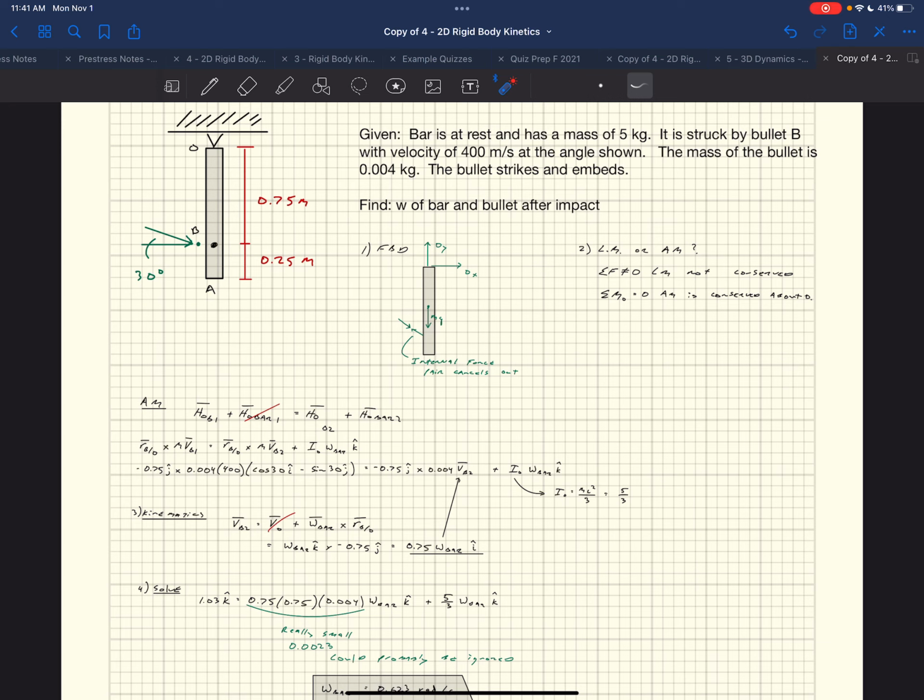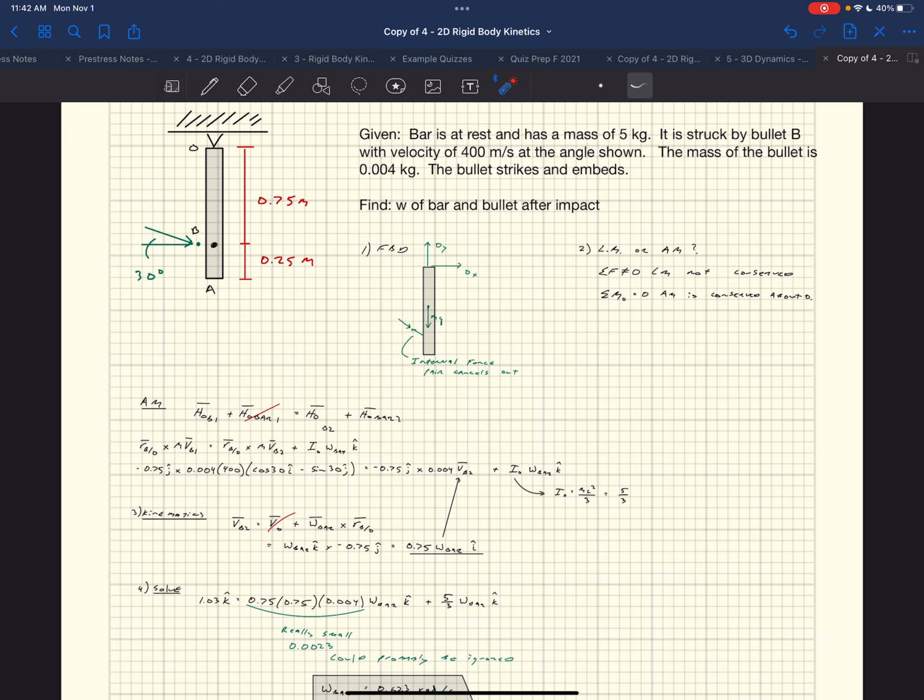Yep. If we make the assumption to neglect the velocity component of the bullet there, will you have to include the mass of the bullet in your moment of inertia for the bar? No, same deal. If the statement says to neglect the bullet after impact, then you wouldn't have to put it in this, right? Because you're just neglecting it.